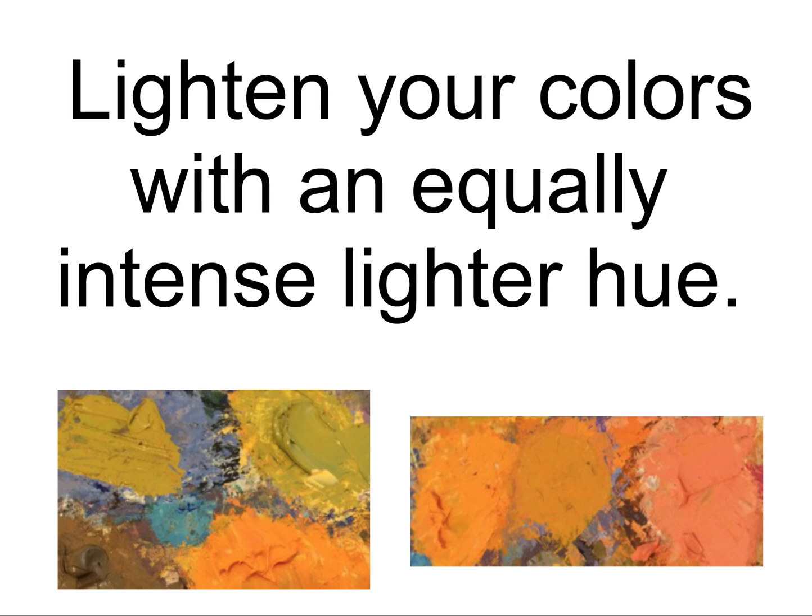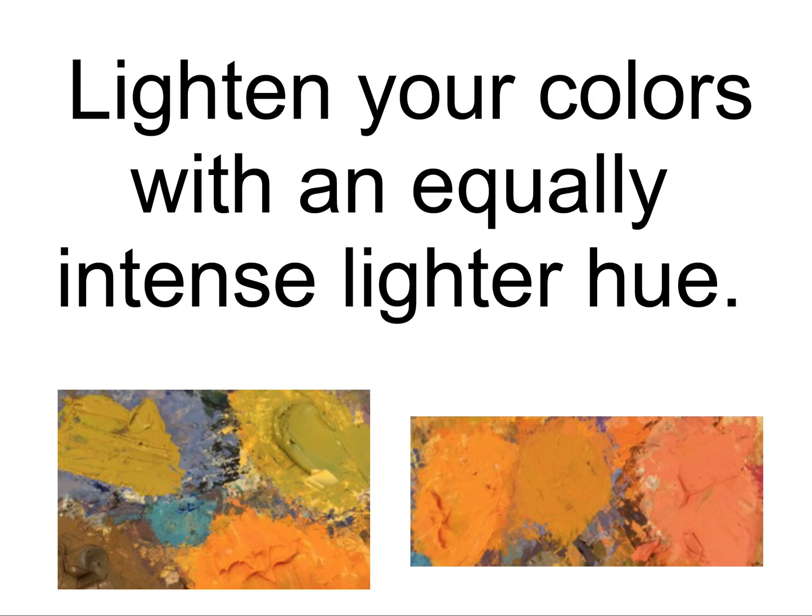So remember, we looked at these examples before of how to lighten your colors with an equally intense lighter hue. On the left, you have the cinnabar green that was lightened with Indian yellow. On the right, you have a Montserrat orange that was also lightened with Indian yellow.